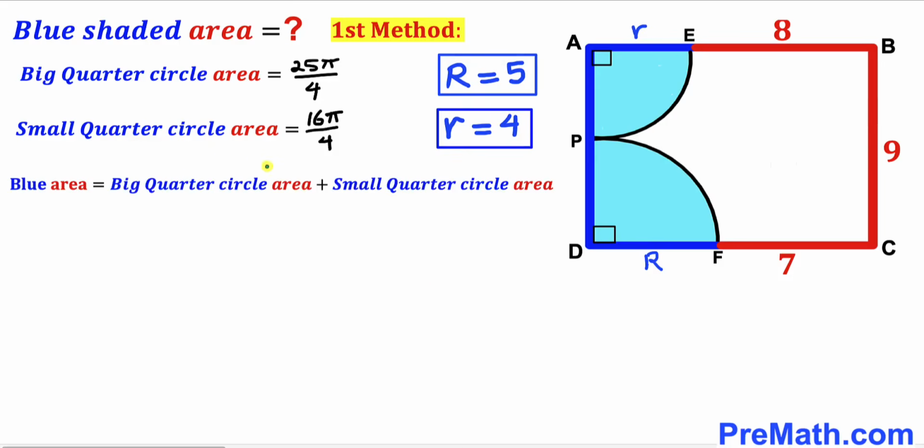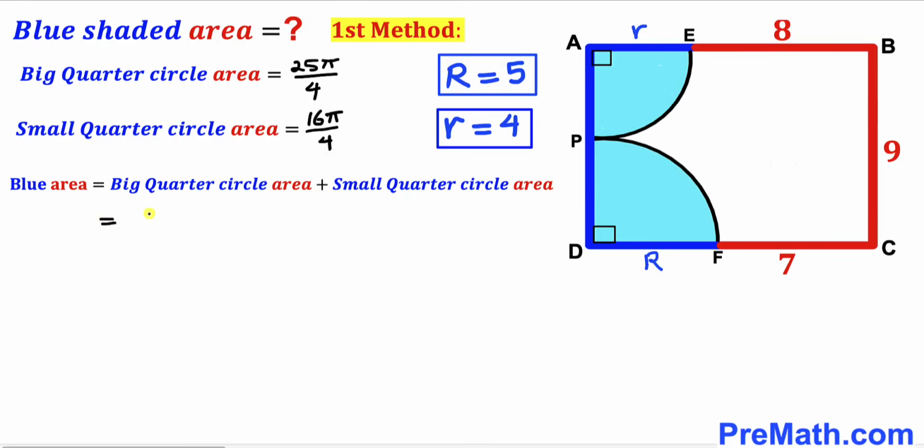And now let's recall this equation once again. The blue shaded area equals the big quarter circle area plus the area of the smaller quarter circle. And we already figured out our big quarter circle area and the small quarter circle area as well. Let's go ahead and fill in the blanks in this equation.